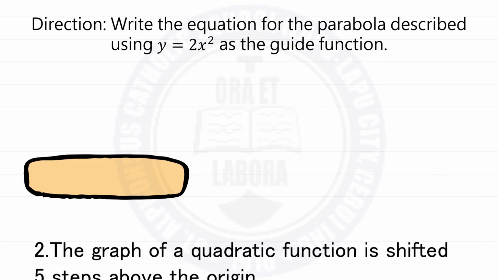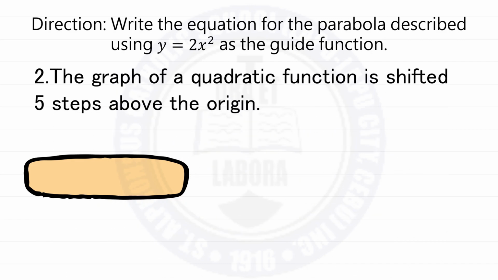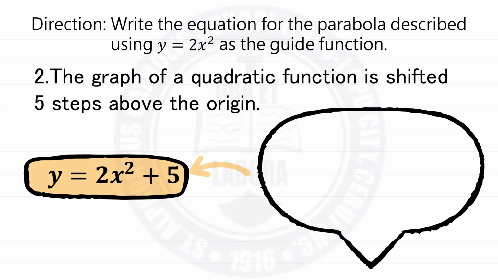Number 2. The graph of a quadratic function is shifted 5 steps above the origin. The equation of the parabola is y equals 2x squared plus 5.